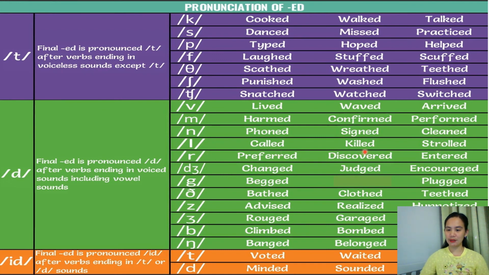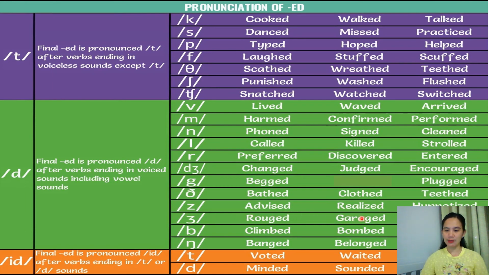L: called, killed, strolled. R: preferred, discovered, entered. J: changed, judged, encouraged. G: begged, plugged. Th: bathed, clothed, teethed.